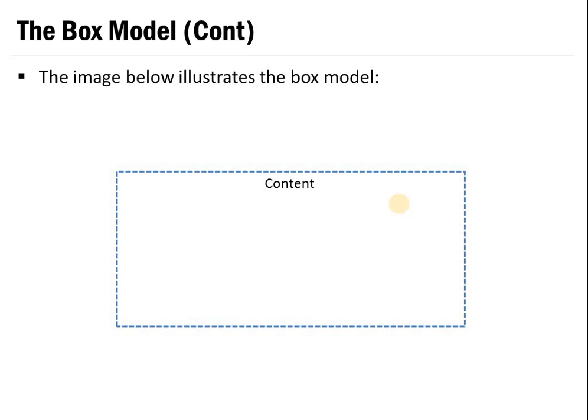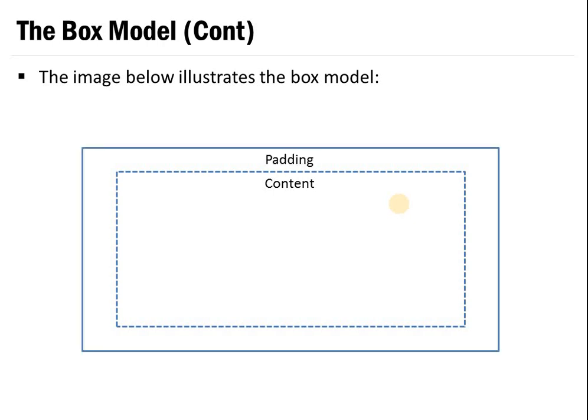Whatever space is there between your content and the border of your element is known as padding. This whole is the area of your element, but content is only in this inner area. This is the content area, this whole is your element area, but whatever space is there between this dashed line and this solid line is called padding.